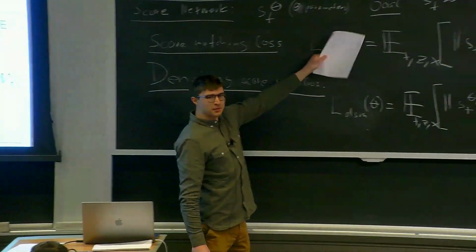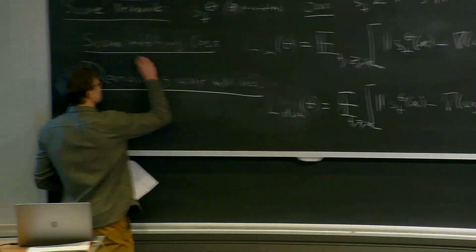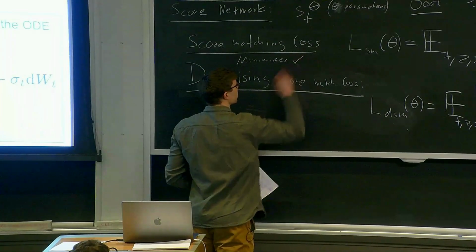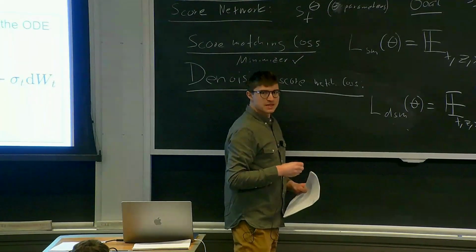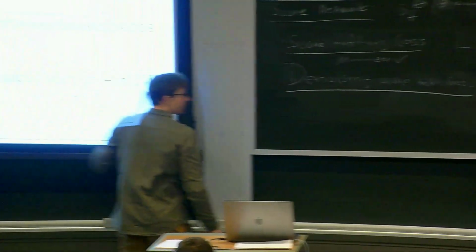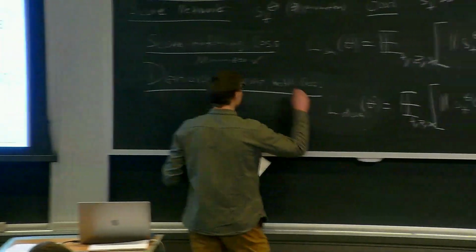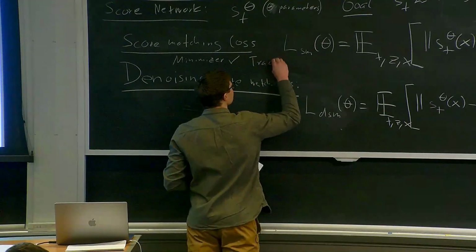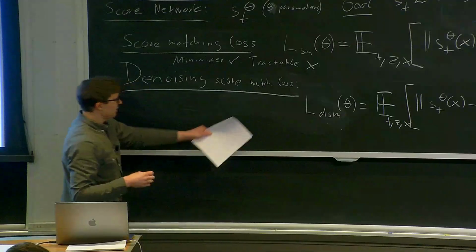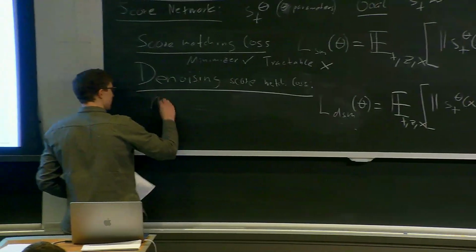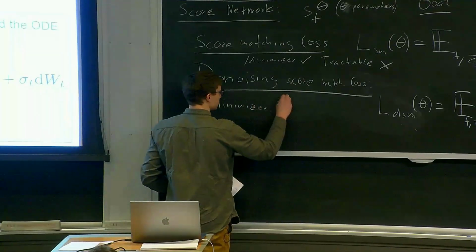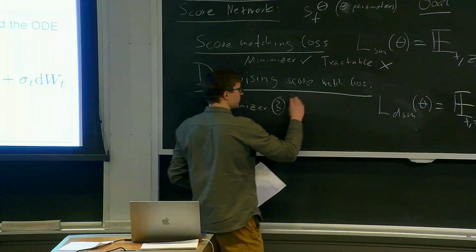A priori, the minimizer of the score matching loss is good. It's the marginal score. Is it tractable? No, it's not, because computing this integral is very hard. What's the minimizer of the denoising loss? In the same way as before, at least a priori, we wouldn't know. But it's tractable.